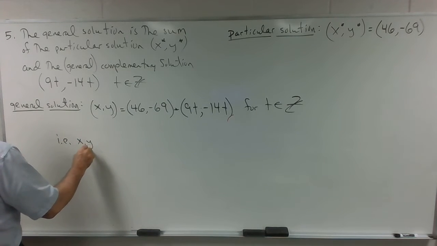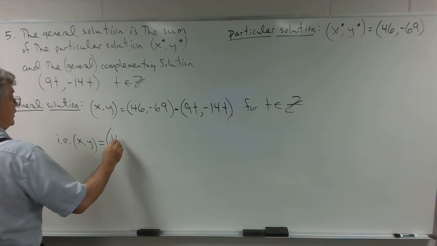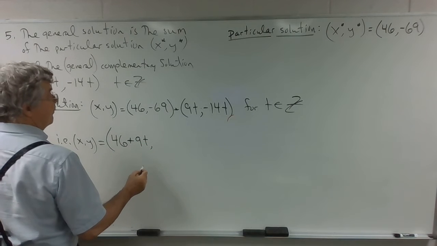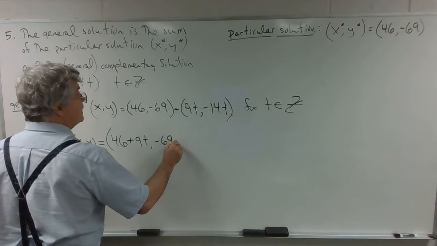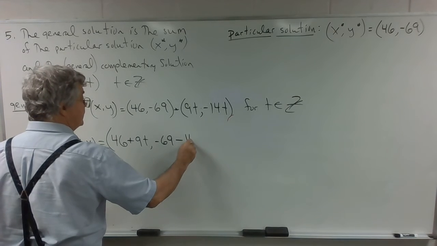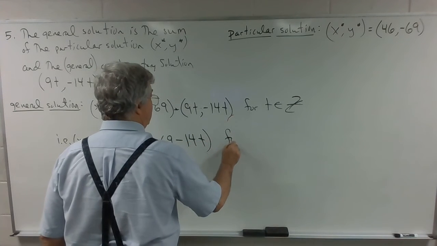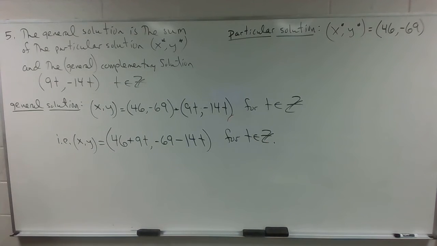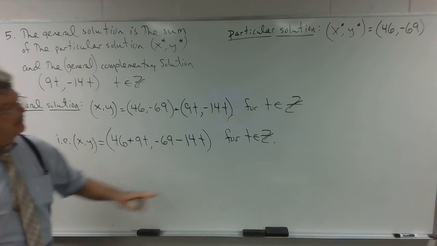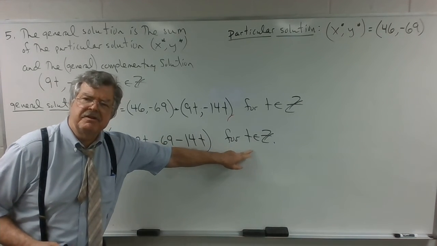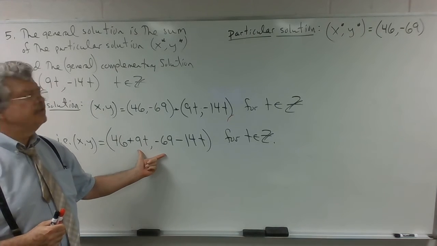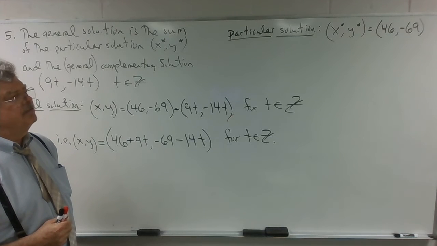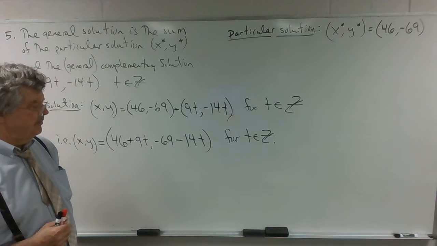And we can add these two things component-wise. So we get 46 plus 9t and negative 69 minus 14t, for any value of t, for any integer value of t. This will give us a solution to the original equation, 14x plus 9y equals 23.